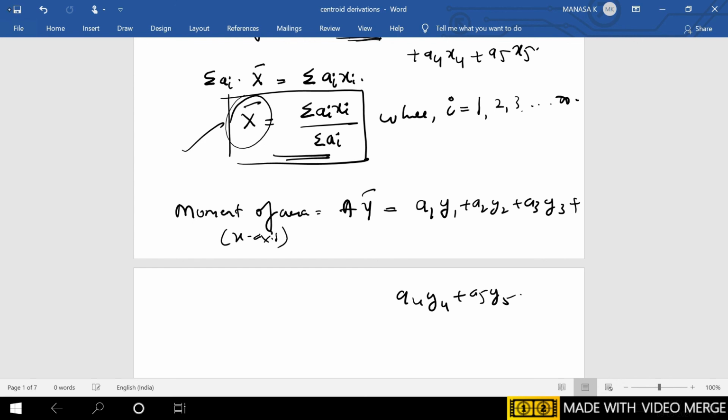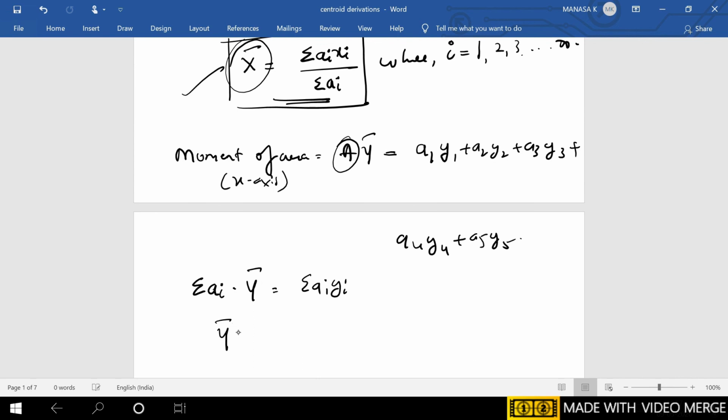This is the equation, which I can reduce to sigma Ai for the total area into y bar is equal to sigma Ai yi, where I get the general equation y bar is equal to sigma Ai yi divided by sigma Ai, where i is equal to 1, 2, 3, and it goes up to infinity.